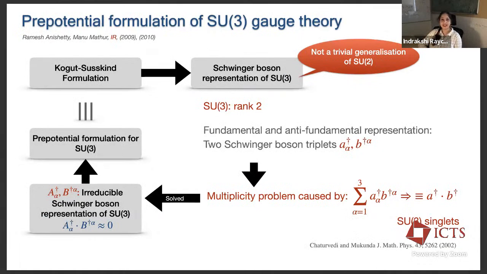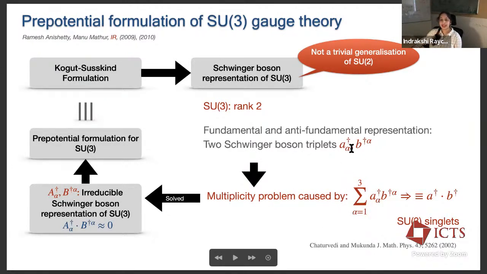So during my PhD work, I found, with my supervisors Manu Mathur and Ramesh Anishetty, a way to obtain the prepotential formulation for SU3 gauge theory, although that is not a very straightforward generalization of SU2, because SU3 being a rank 2 group requires a fundamental as well as an anti-fundamental representation, or two species of Schwinger boson triplets, as the fundamental ingredients.